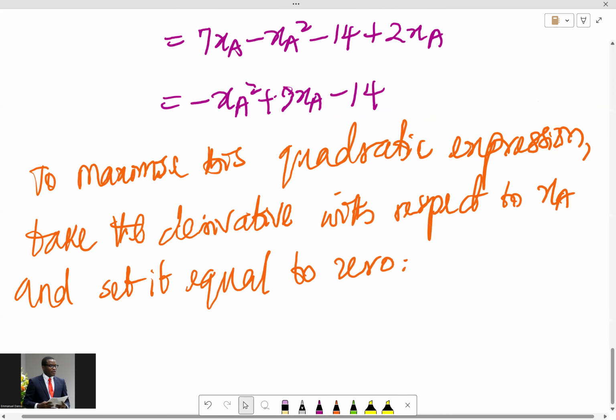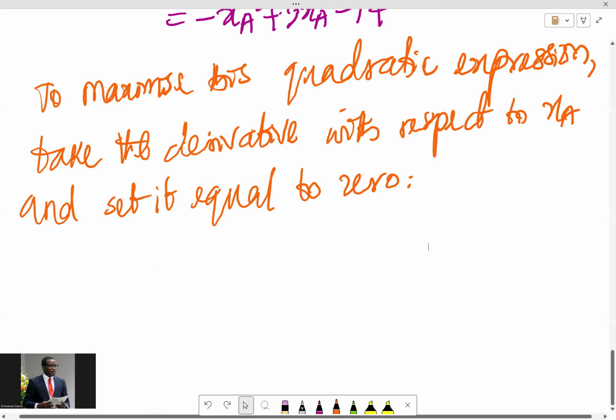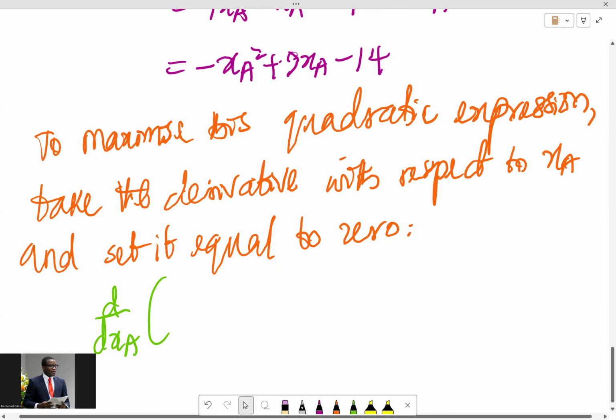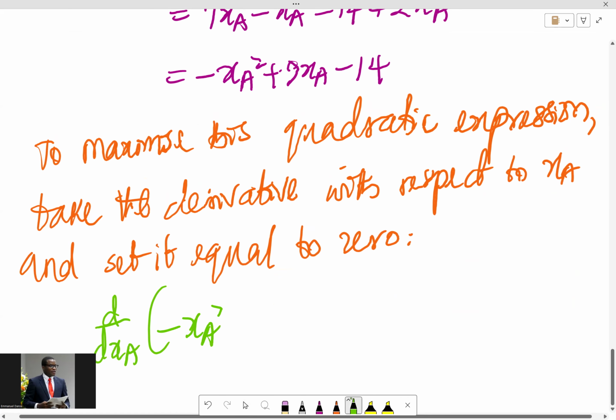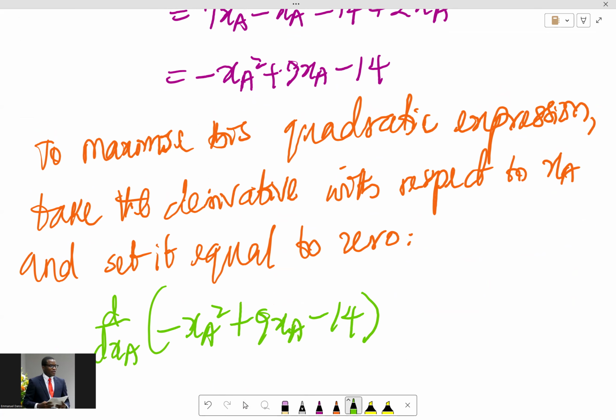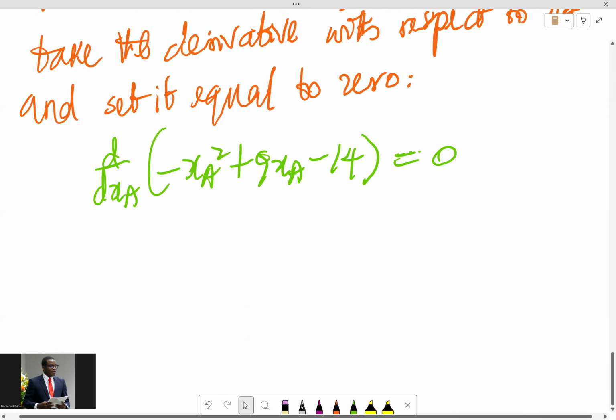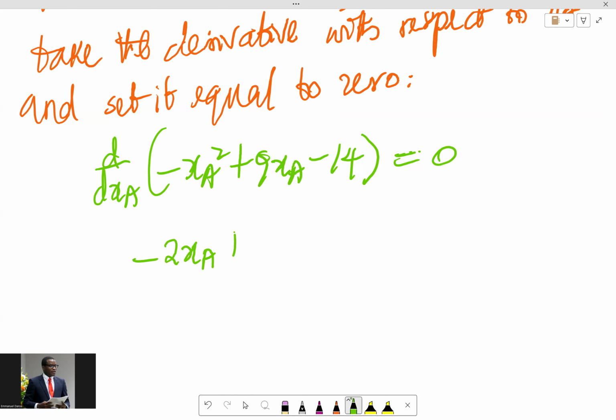So d/dXA of minus XA squared plus 9XA minus 14 is equal to 0. Differentiating minus XA squared gives minus 2XA, plus 9, and differentiating minus 14 gives 0. This is equal to 0.